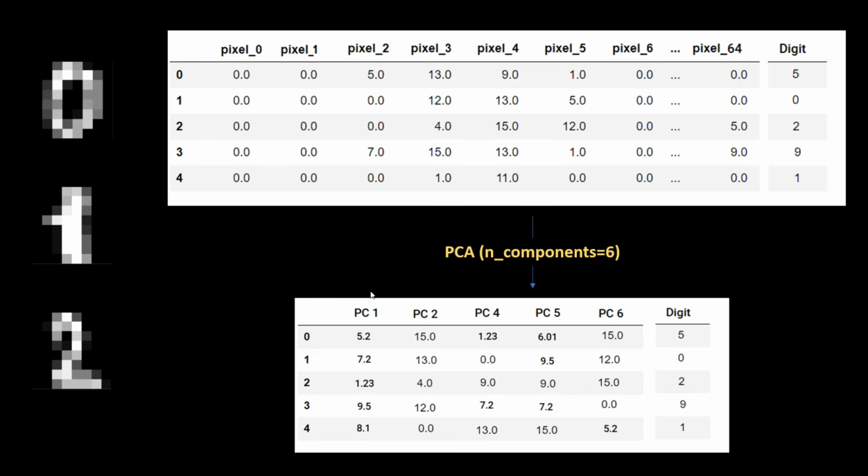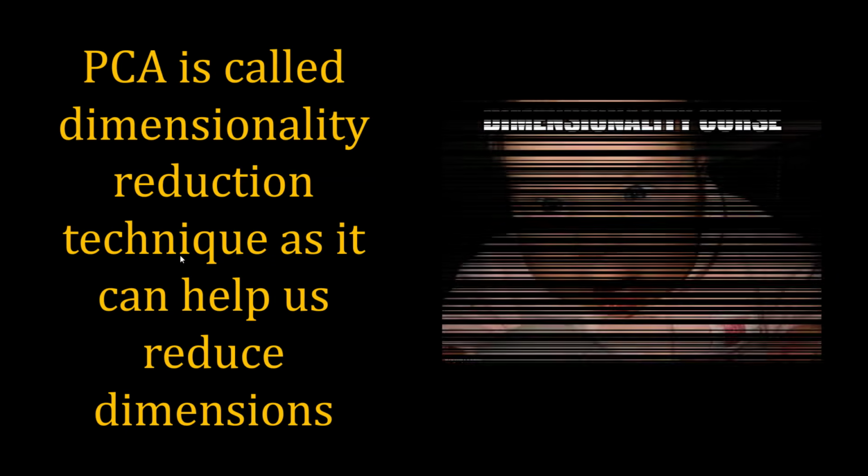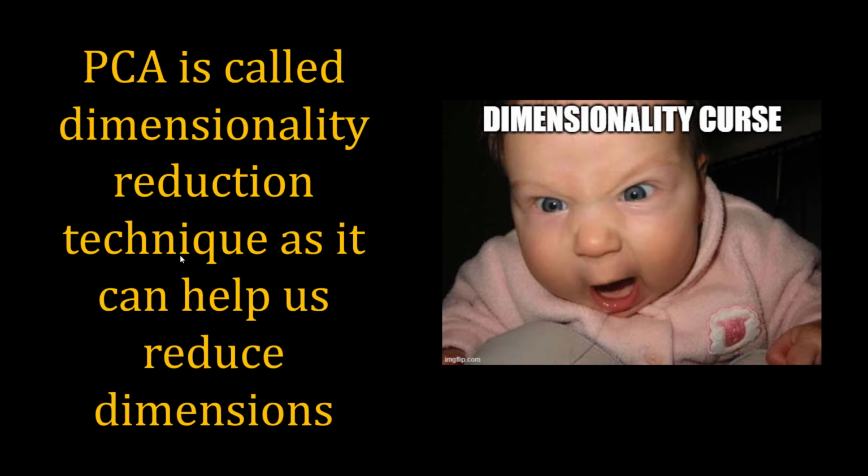But just to summarize, PCA is called a dimensionality reduction technique as it helps us reduce dimensions. We already saw here, in this case, we had 64 dimensions. This helped us get to 6 dimensions. And when you have fewer columns, your computation becomes much faster. It also helps you address the curse of dimensionality.